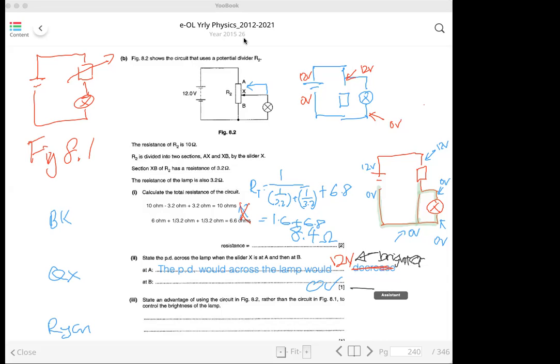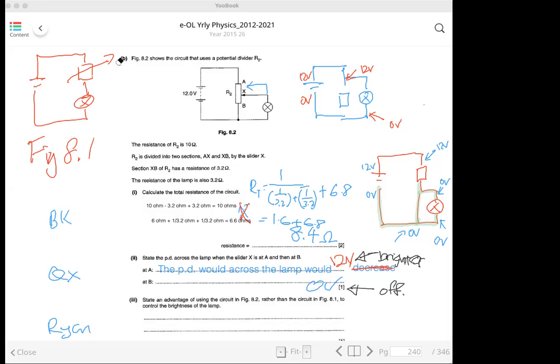And then it also allows you to go to 0, and it'll be off completely. Your bulb will be off completely when it is at B, because the PD will be 0, then there will be no volt, therefore the bulb will be off.